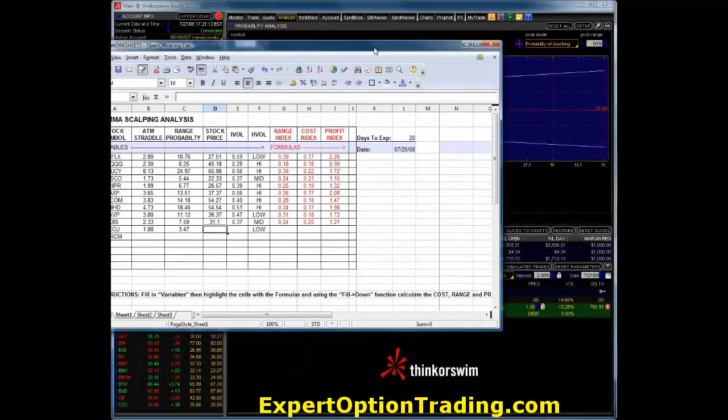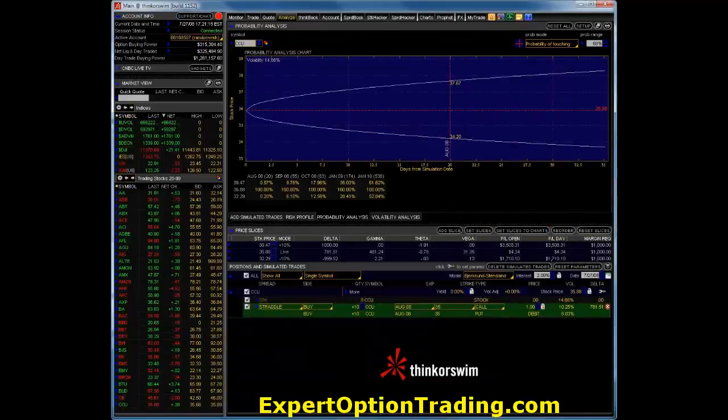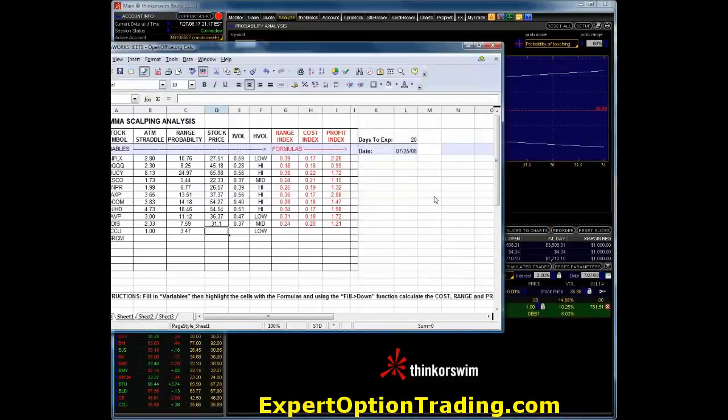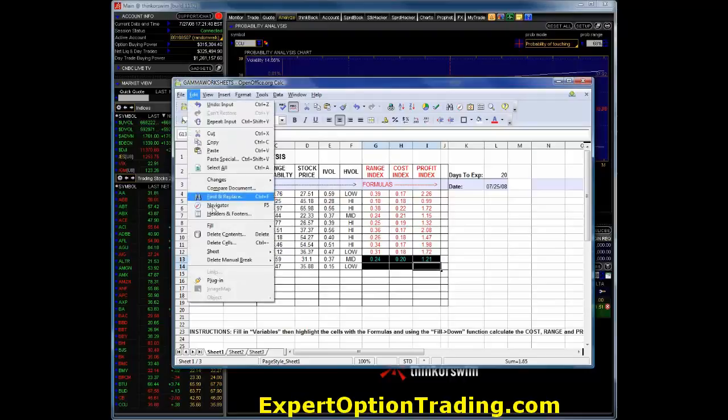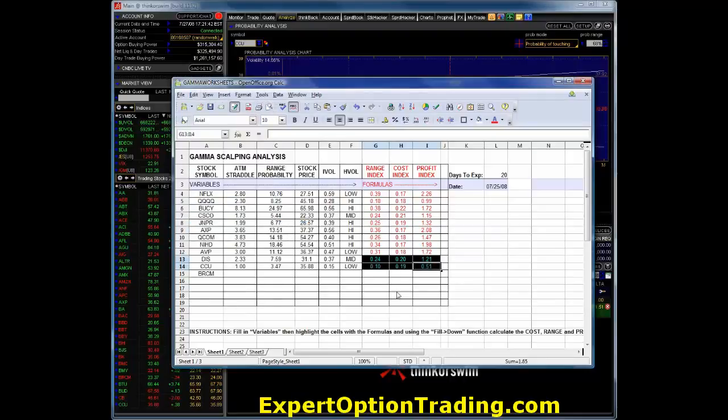The current stock price is 35.88. And the implied volatility is at 14.6%. If we calculate that in terms of decimal places, it's 0.1466. And then all we have to do is highlight these cells, bring them down, and we can fill down to fill in our values.